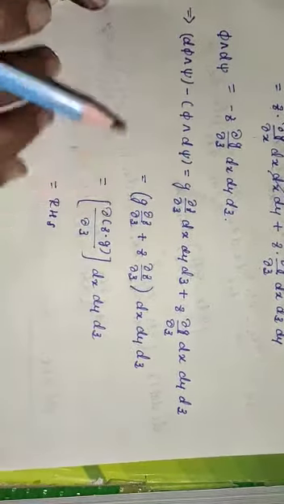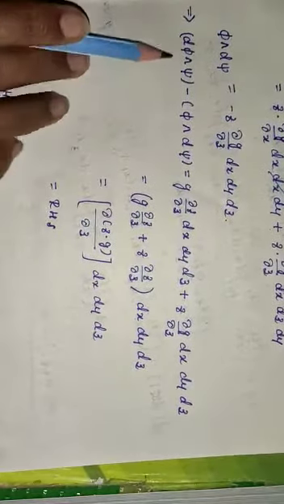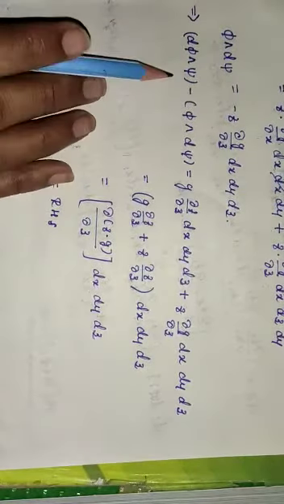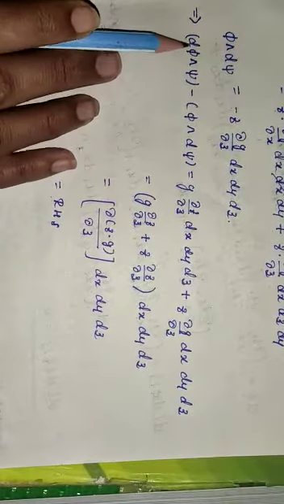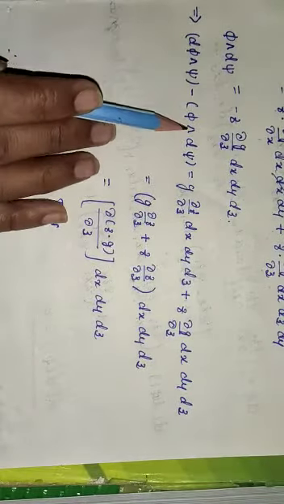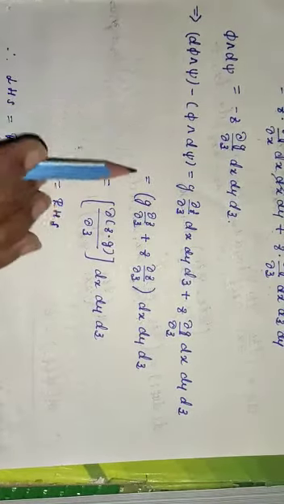Now we have to compute the subtraction of d pi wedge xi and pi wedge d xi.